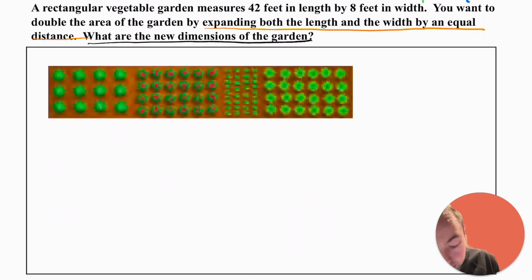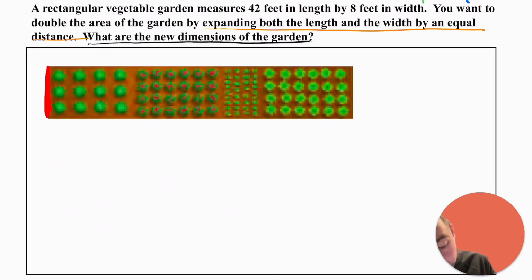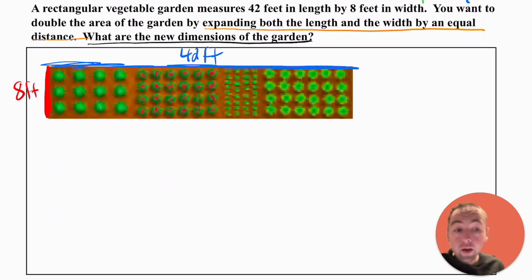So what that means is, let's say right here in the red, this is our current width, and our current width is 8 feet. And then right here in the blue, this is our current length of this garden, which we know is 42 feet. So what's going to happen is we're expanding both the length and the width by the same distance, right? So I'm going to go outwards more in that direction to expand the width, and outwards more in that direction to expand the length.